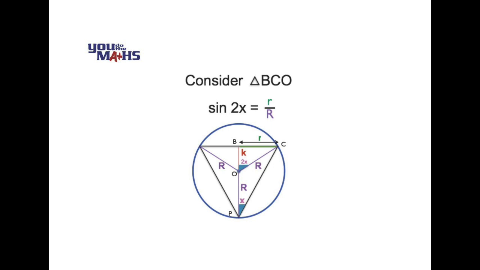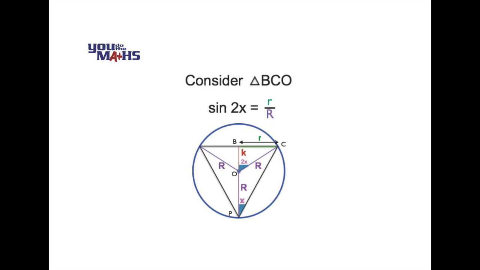Now let's use the same triangle, BCO, and this time we'll use it to describe the radius of the circular part of the cone, and we've labelled that with small r. Now small r is opposite the angle 2x, and capital R, the radius of the sphere, is still the hypotenuse.